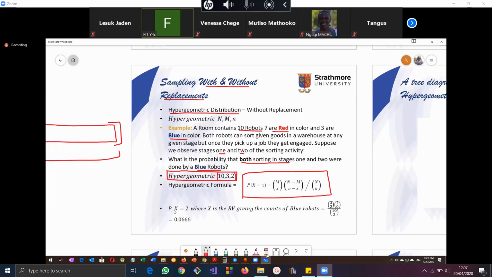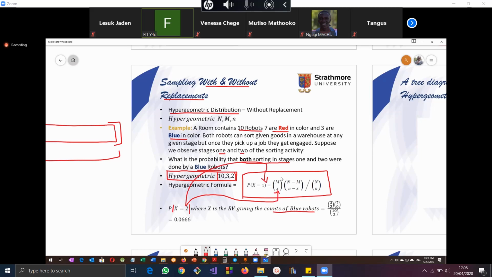So we can actually answer this with x equal to 2, where x is the random variable giving the count of blue robots. That's how the random variable is defined. So this x having the value of 2 is what is going to be fixed into the formula right here.